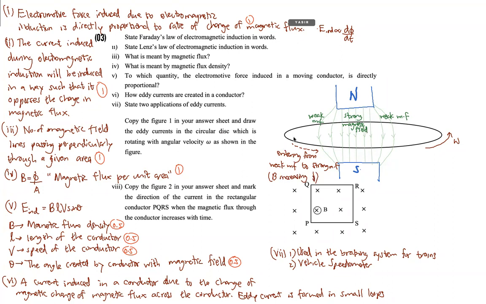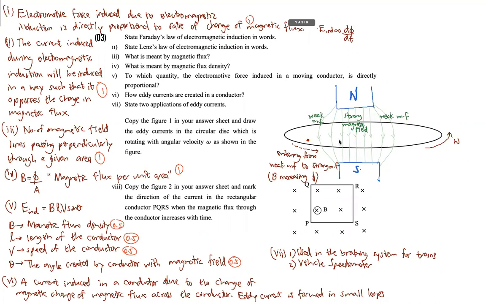Let's say this part of the disk is entering from a weak magnetic field to a strong magnetic field. That means downwards it's weak, and then as you go inside, it increases downwards. So strong, weak, strong; downwards B is increasing. If B increases downwards, according to Lenz's law, how should the magnetic field be created to oppose that?